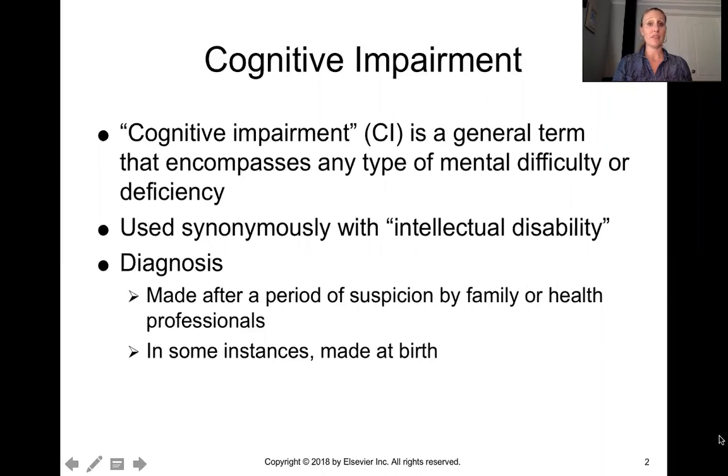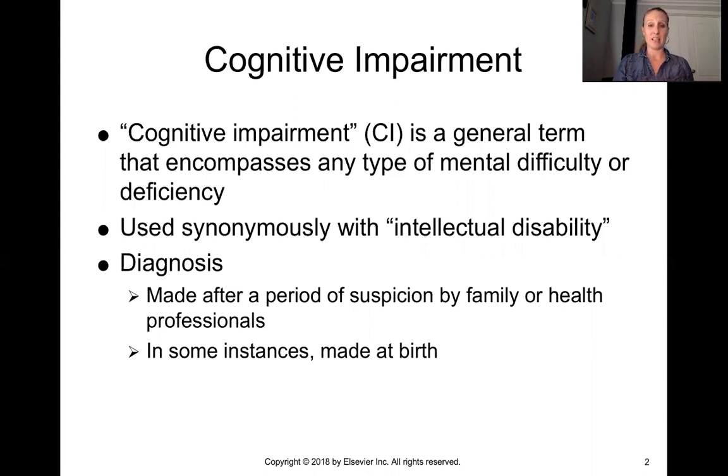So cognitive impairment, here's your definition, is a general term that encompasses any type of mental difficulty or deficiency. So intellectual disability or cognitive impairment, you can use either term. When we're talking about cognitive impairments, most of the time these are diagnosed based off of experiences that the parents and the healthcare providers are having with the child.